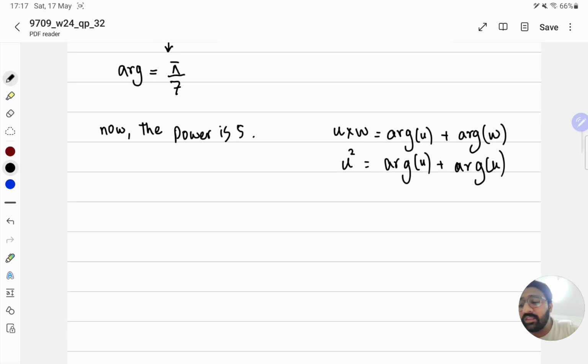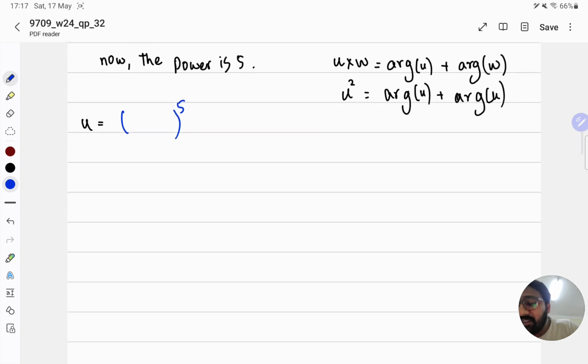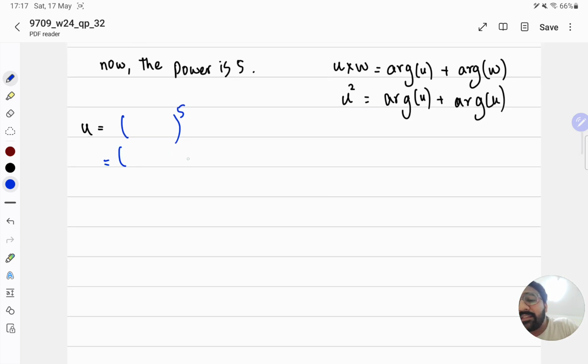Now since in this particular question we have the power as 5, what is happening is that the same complex number is multiplying with itself 5 times.